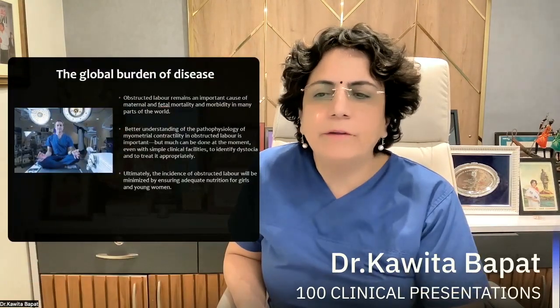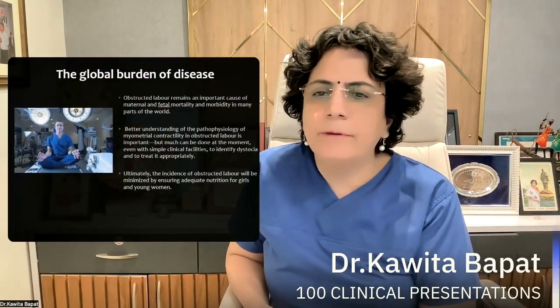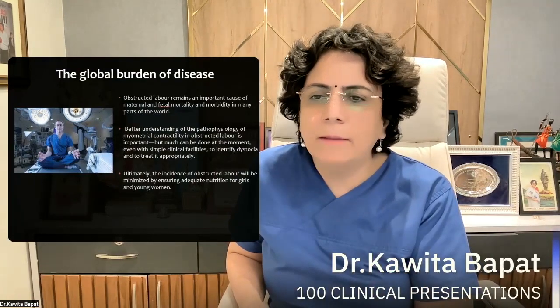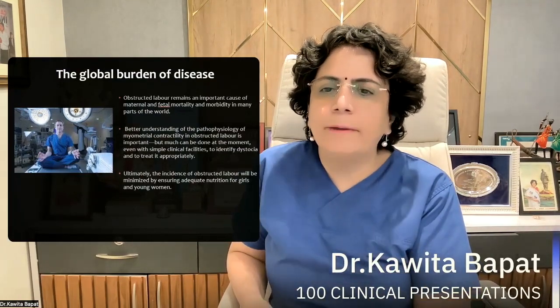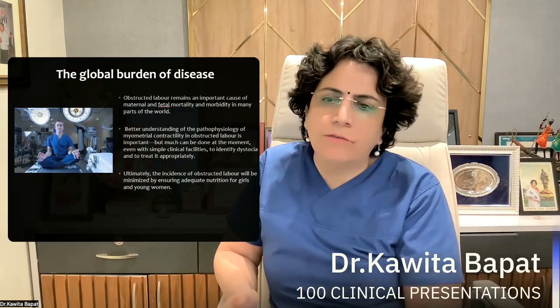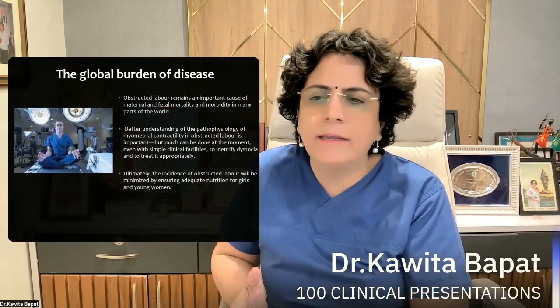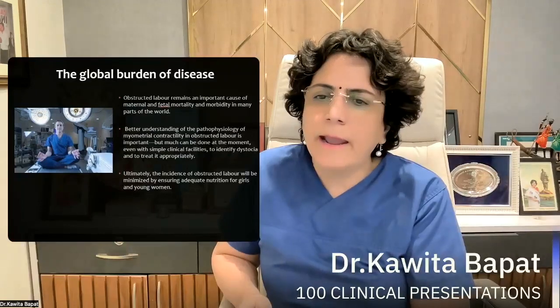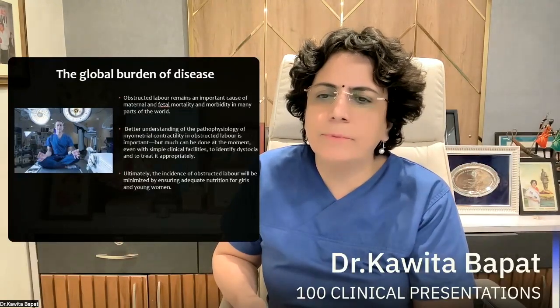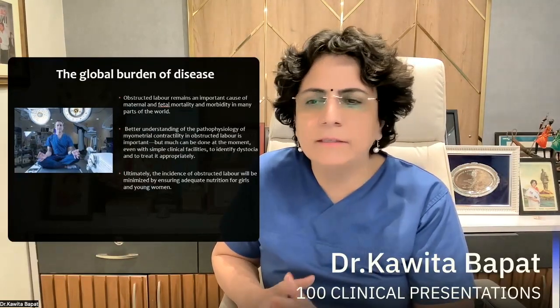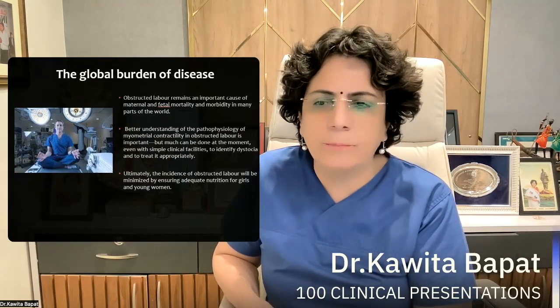The global burden of disease because of obstructed labor is an important cause of maternal and fetal mortality. So a better understanding of the pathophysiology of myometrial contractility is very, very important. We should have simple clinical facilities to identify dystocia and treat it appropriately.